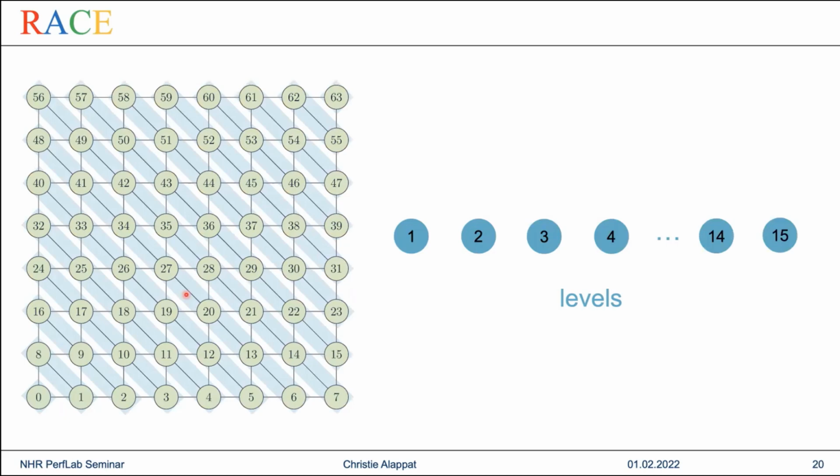Once we find the levels of the graph, we reorder the matrix or the graph according to the levels. So here we have 0, 1, 8, but now it's renumbered according to the levels. This makes it easier to work with the levels, and we have continuous access to the levels.